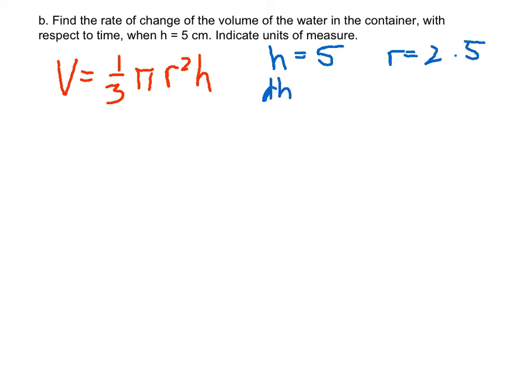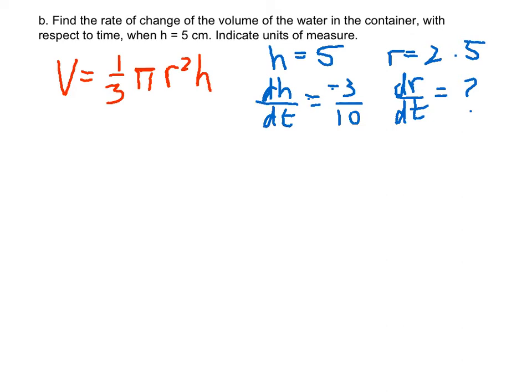The rate of change of the height is -3/10. But we don't have the rate of change of the radius. So we have to find some way to manipulate the volume equation so that we don't need the rate of change of the radius.